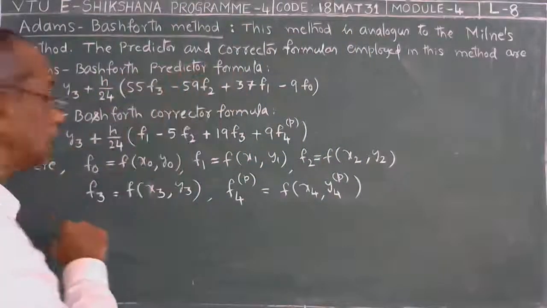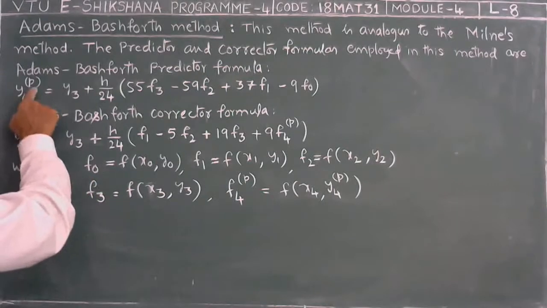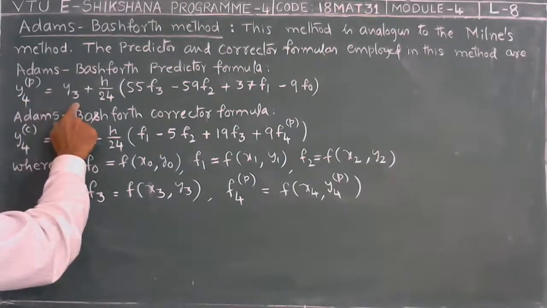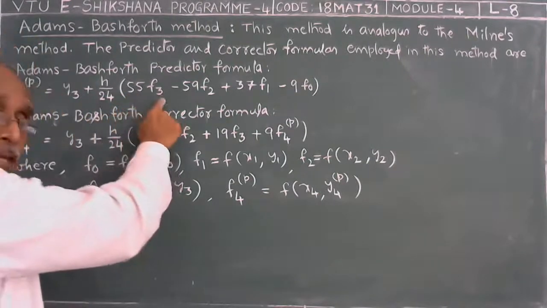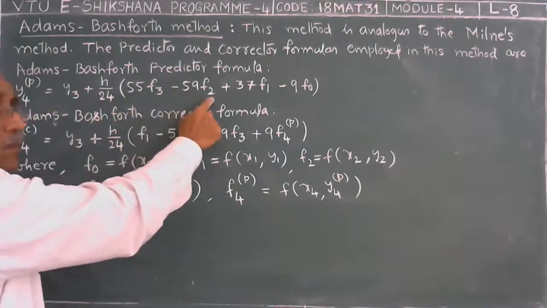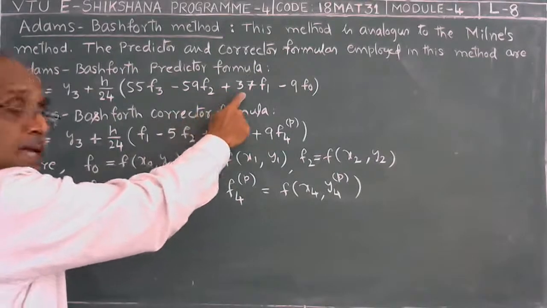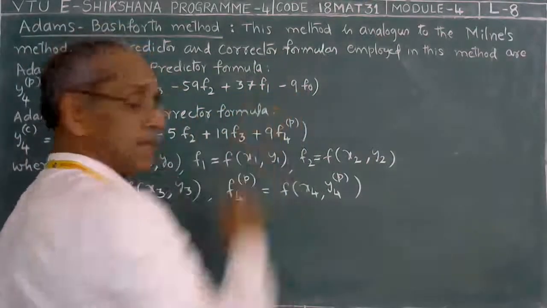Adams-Bashforth predictor formula is given by y4p is equal to y3 plus h divided by 24 into 55 times f3 minus 59 times f2 plus 37 times f1 minus 9 times f0.